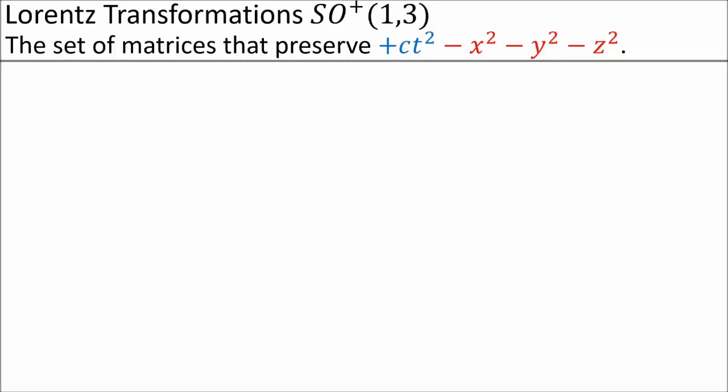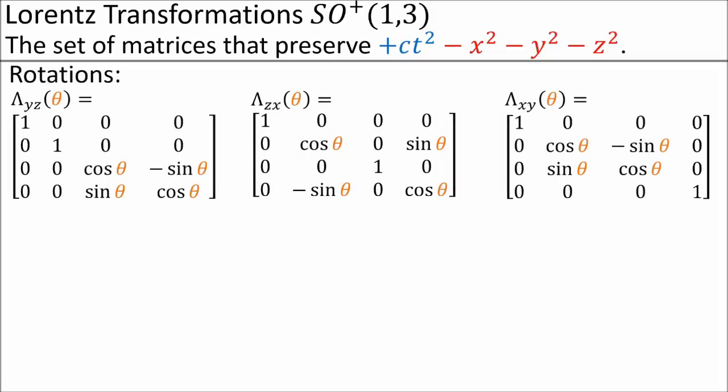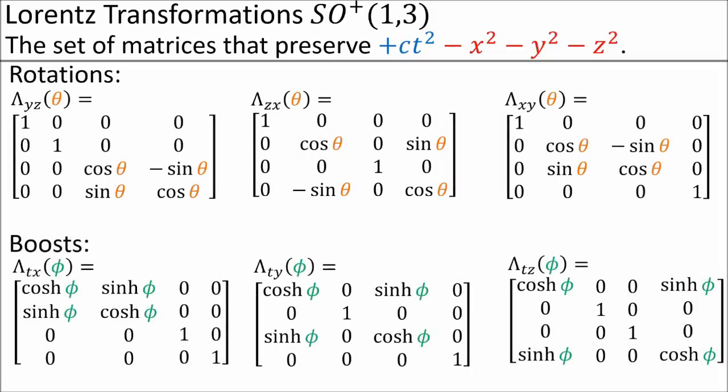The standard 4x4 Lorentz transformation matrices that transform 4D space-time vectors form the Lorentz group SO+(1,3). These involve 3 rotations, one for each spatial plane, and 3 boosts for changing inertial frames, one for each spatial direction.